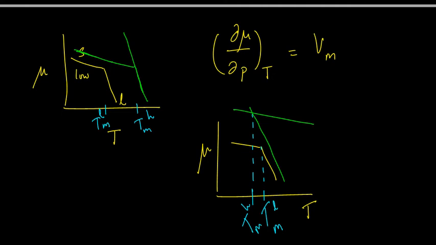So at a higher pressure, del mu by del P at constant T is just nothing but the molar volume. Okay. So if I hold the temperature constant at some point, and I want to see the molar volume, and if the molar volume of the liquid is larger than the solid, then we get such a situation.